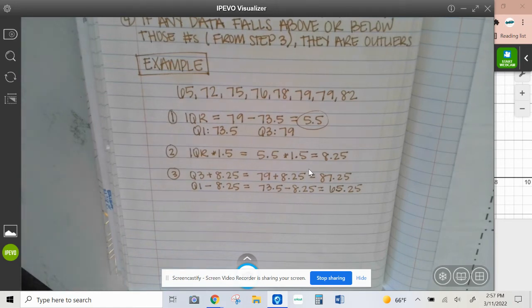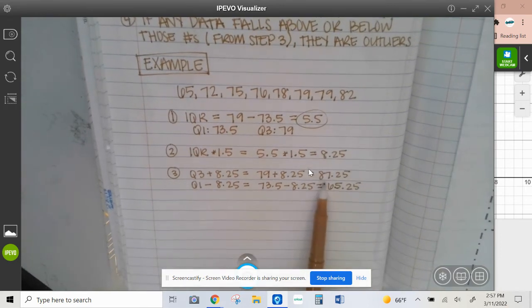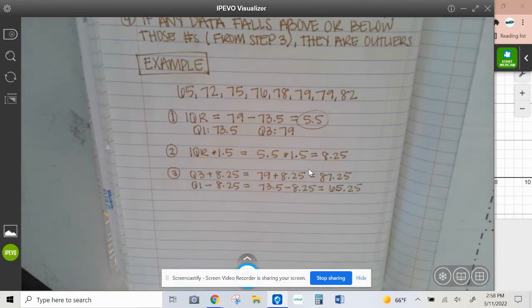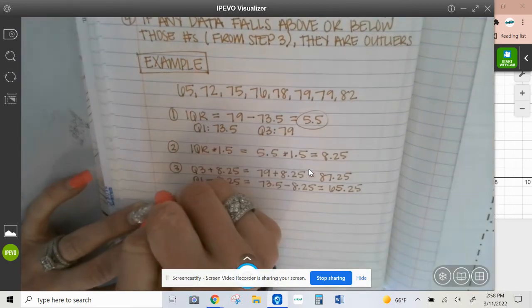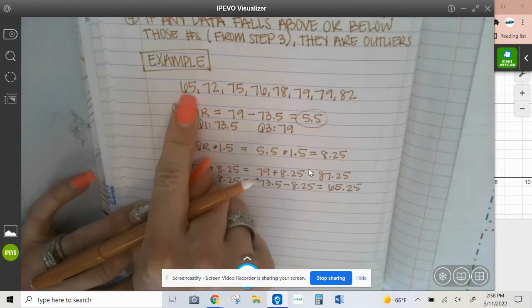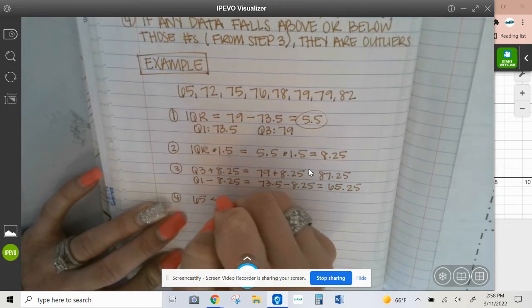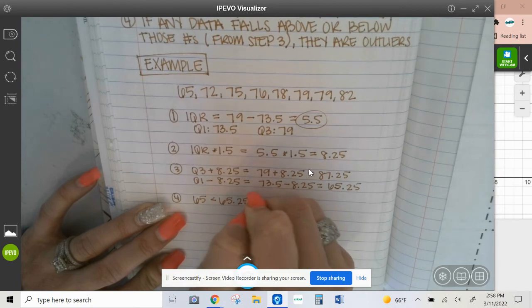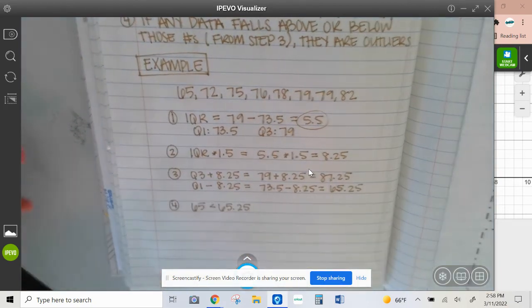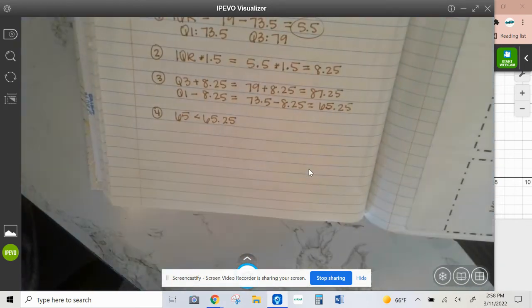So now I look at my data set. Do I have any data that's bigger than 87.25? No, my highest is 82. But I do have a data point, 65, that is less than 65.25, even though it's not crazy less than, but it is less than.